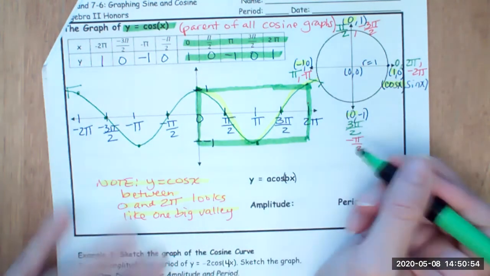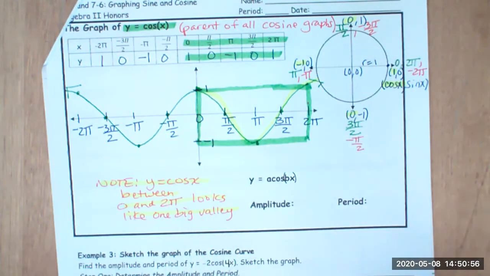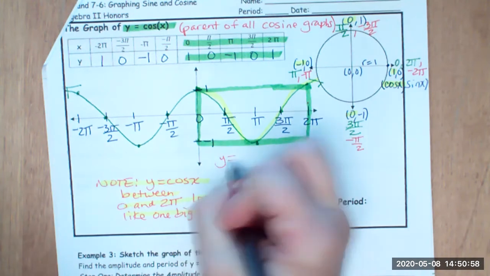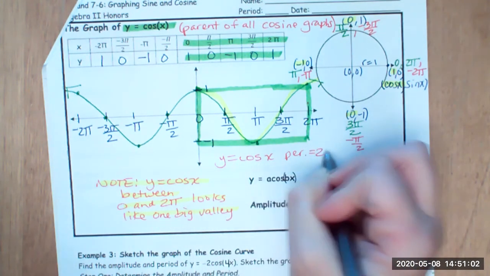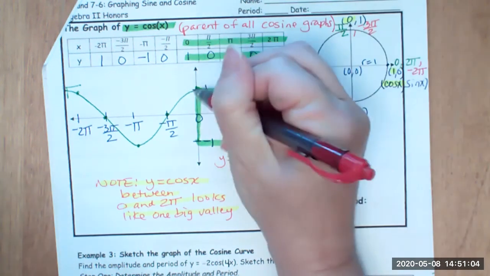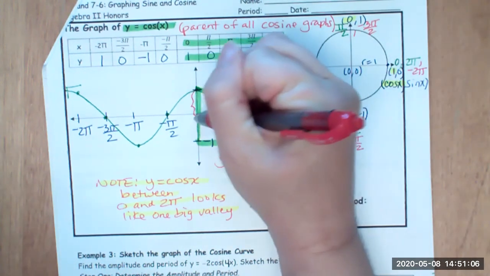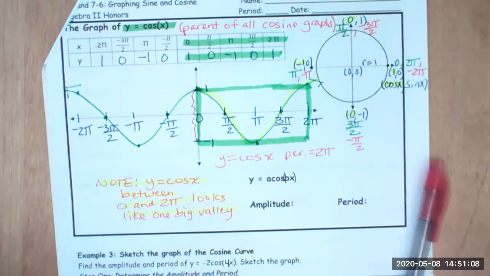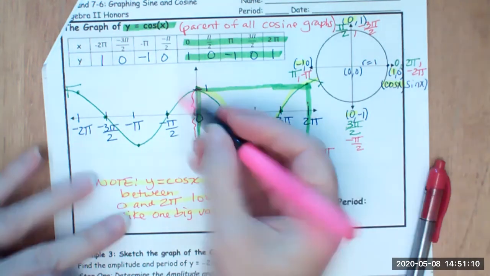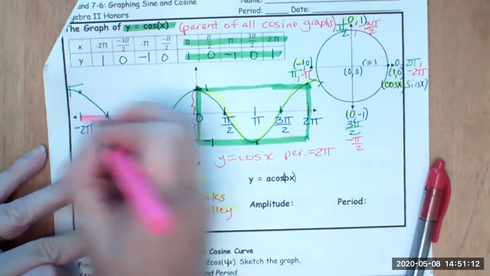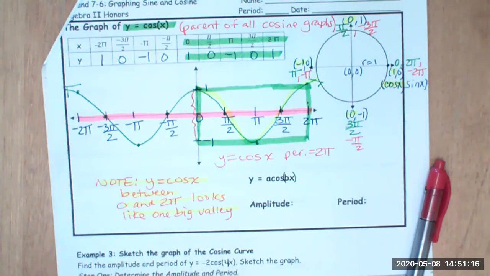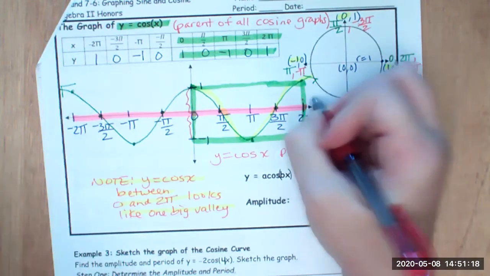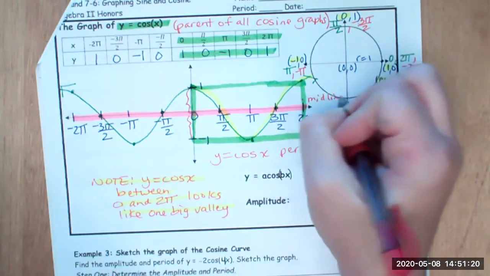So you can see again for y equals cosine x, just like for y equals sine x, the period is equal to 2 pi. Also, the midline is still at y equals 0.